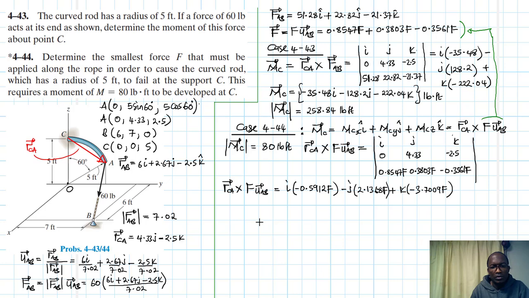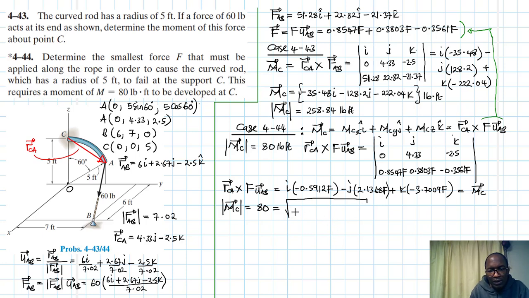So what we need to do now is to find the magnitude, and all this is equal to MC. Okay, and therefore this MC, working it out as a magnitude, which is equal to 80, we are saying is equal to square root, right? Let's work it out.